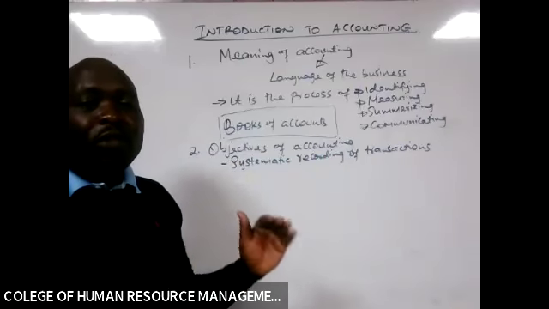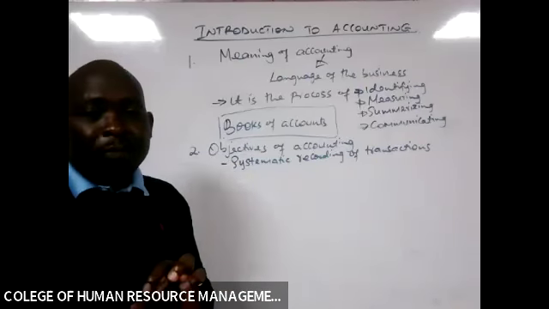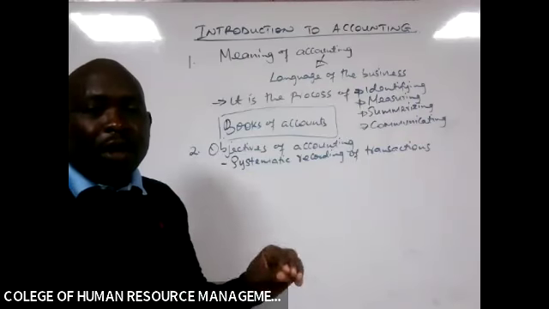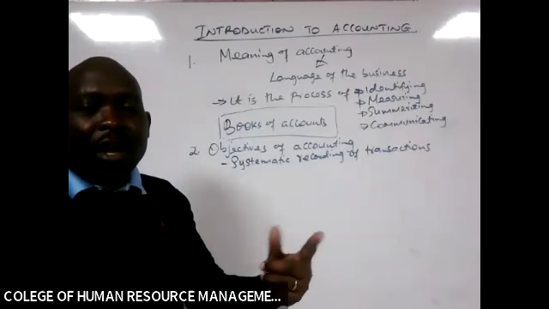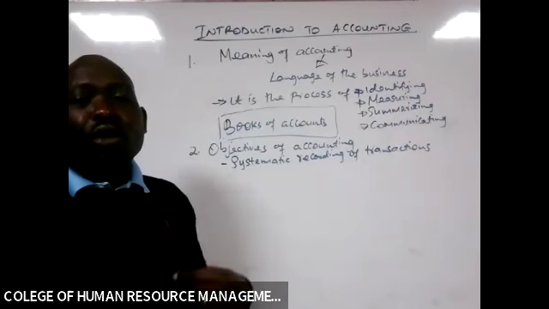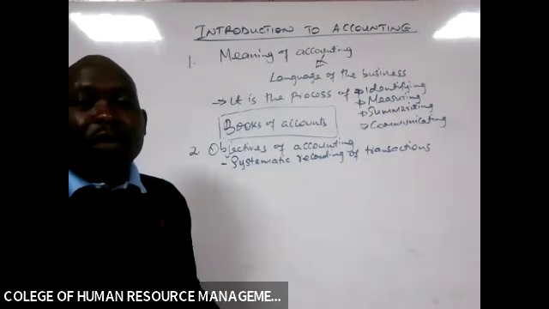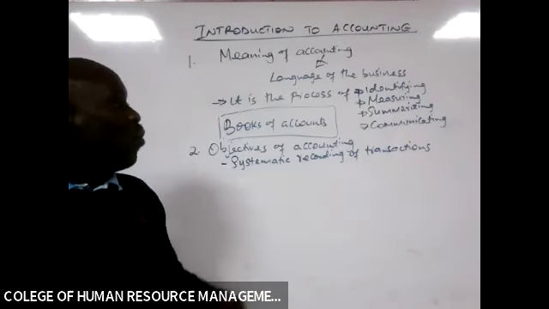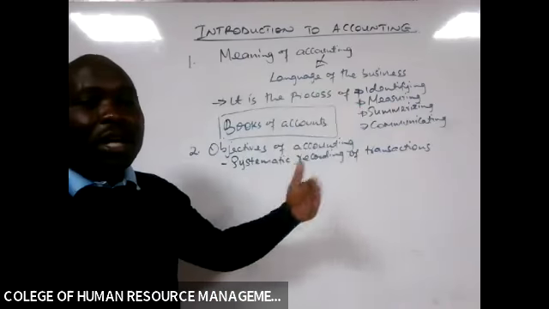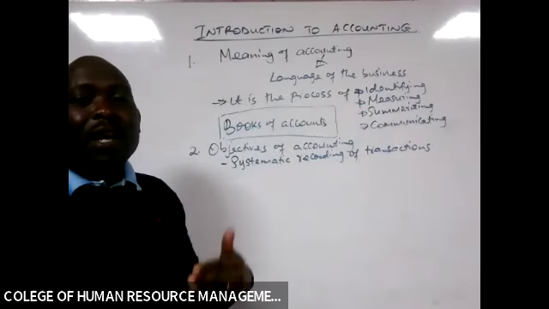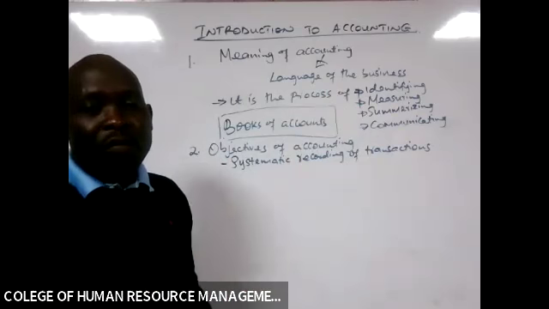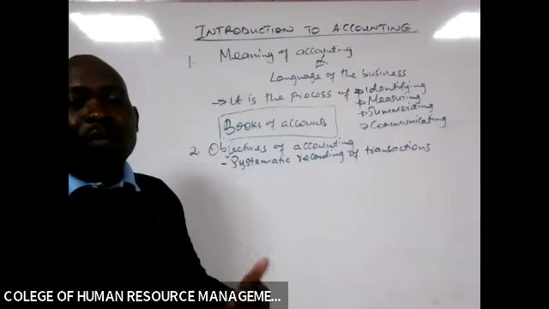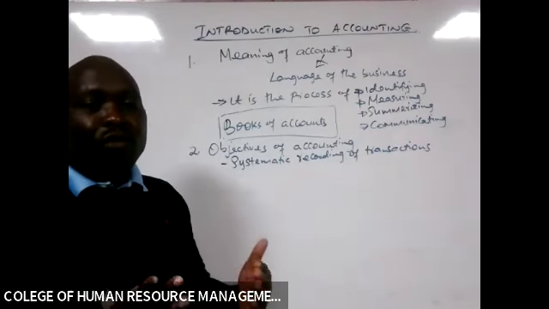Otherwise, if these transactions are not properly recorded, not systematically recorded, by the end of the financial year some of these transactions will not be traced. Some will be missing. And then when we are summarizing and communicating, we shall be summarizing and communicating incomplete information about how the business performed in that particular financial year.